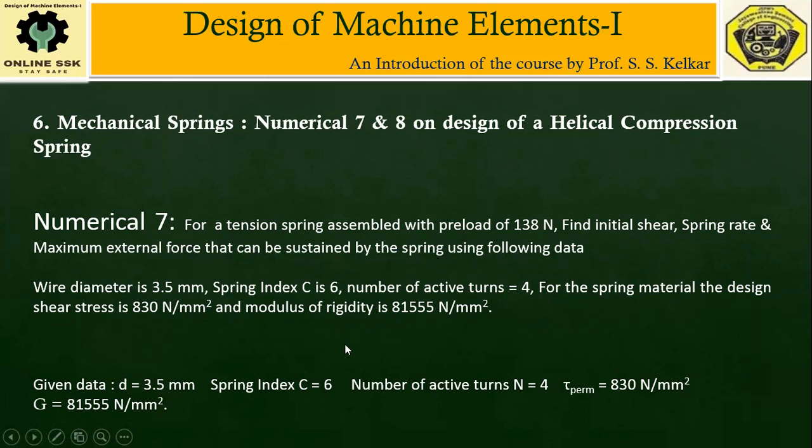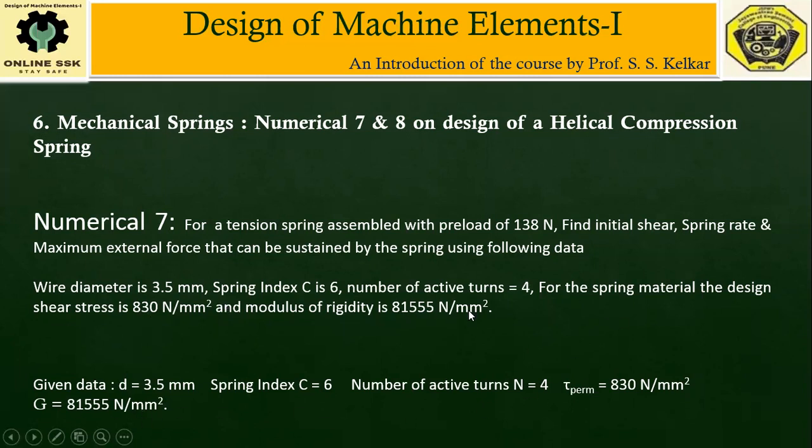The specification of the spring is like this. Wire diameter of the spring is 3.5 millimeters. Spring index C is equal to 6. Number of active turns is equal to 4. For the spring material, the design shear stress is 830 Newton per millimeter square, that means tau permissible is directly specified as 830. Modulus of rigidity G is equal to 81555 Newton per millimeter square.